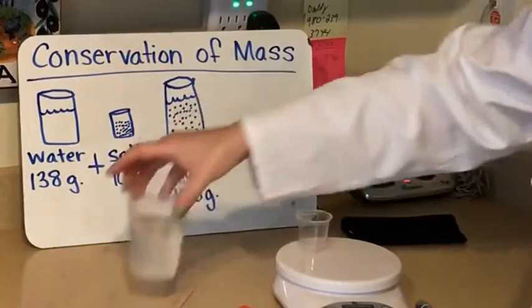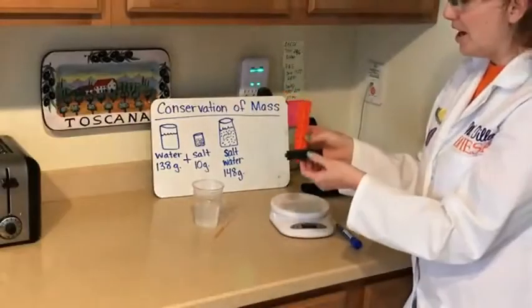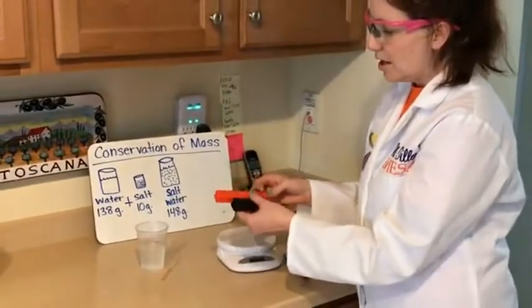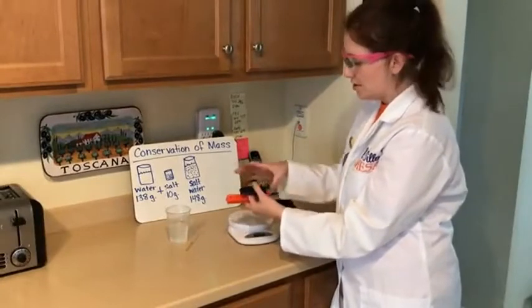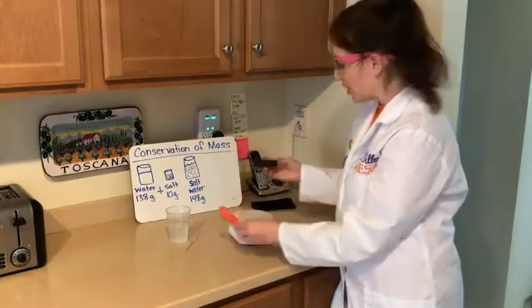Let's do one more. In this one, I have some little blocks that hook together. I've got 1, 2, 3, 4, 5, 6, 7 orange ones and 4 black ones. So let's weigh each part.